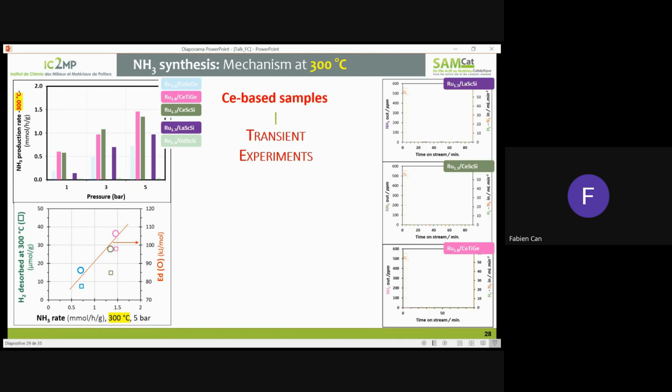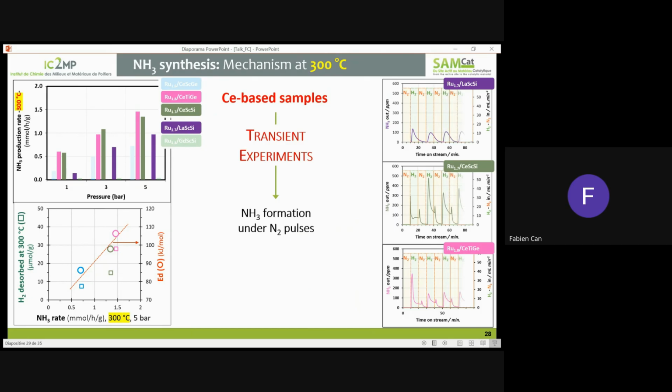We also performed some transient experiments. In this case, it is like a chemical loop. The catalyst is submitted to pure N2 or pure H2, and you can switch between these two gases.